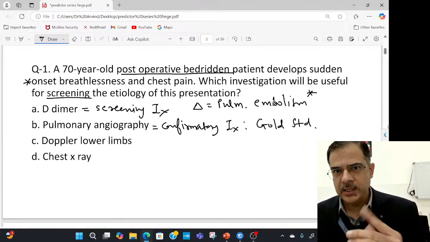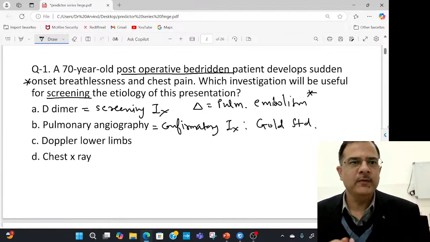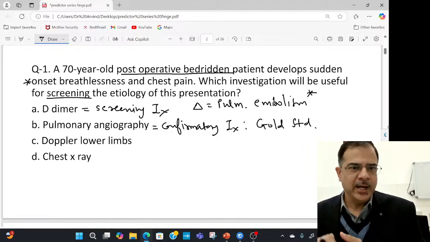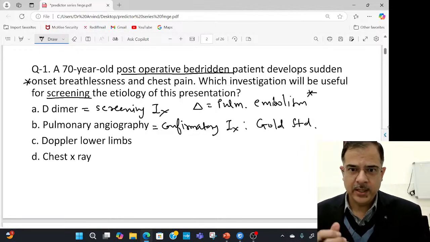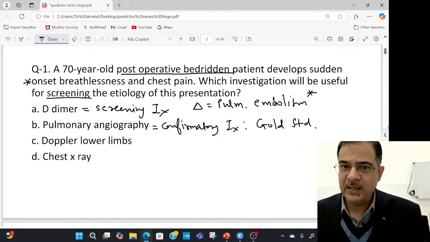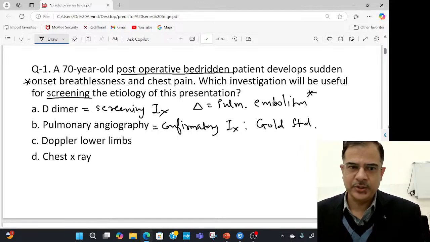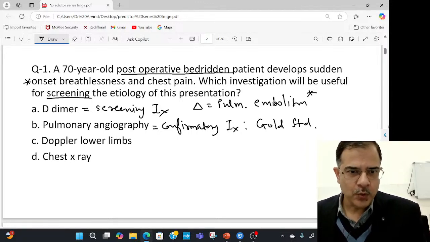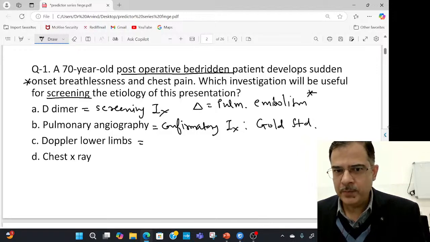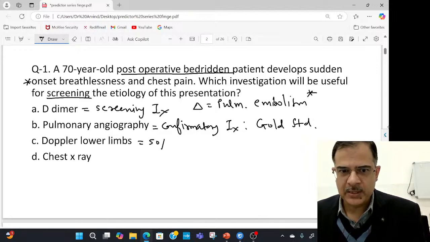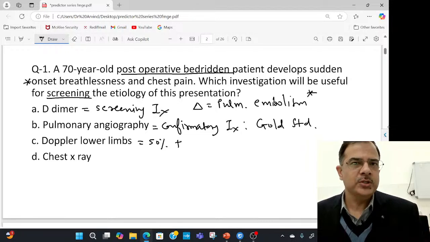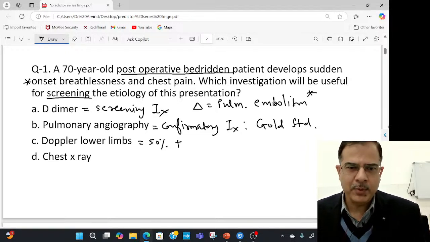So the question is asking what is a screening test? So always go for a D-dimer test, and your answer will be pulmonary angiography when a confirmatory investigation is asked. While Doppler of the lower limbs will not be positive in all the cases, only 50% will be positive, so this is not a very good test to screen for pulmonary embolism.